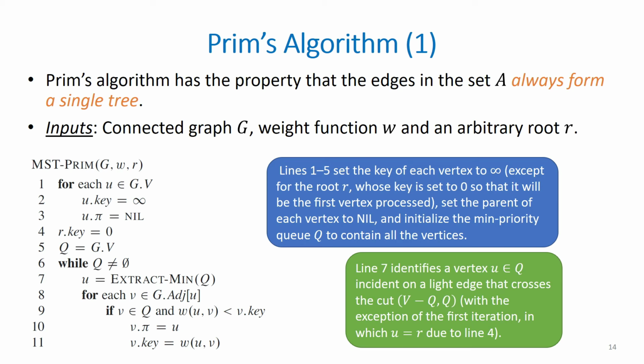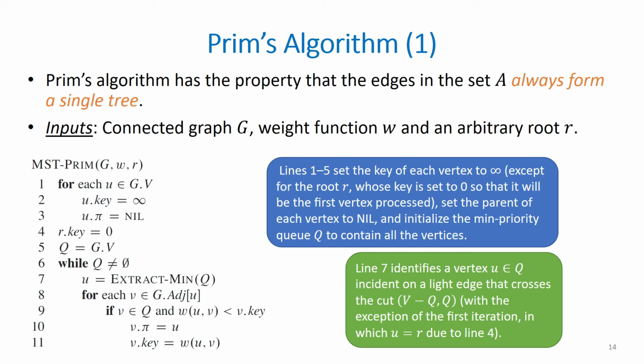During the execution of the algorithm, all vertices that are not in the tree reside in a min priority queue denoted by Q based on a key attribute. For each vertex V, the attribute v.key is the minimum weight of any edge connecting V to a vertex in the tree.